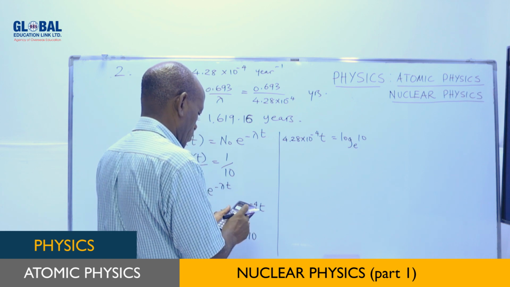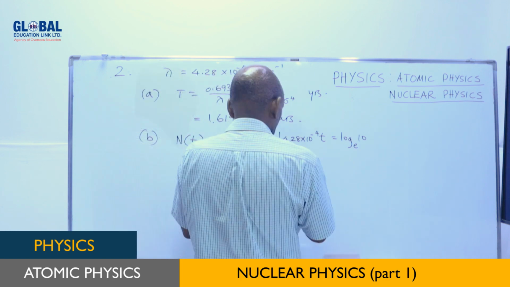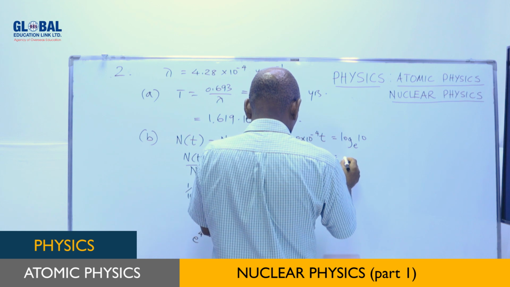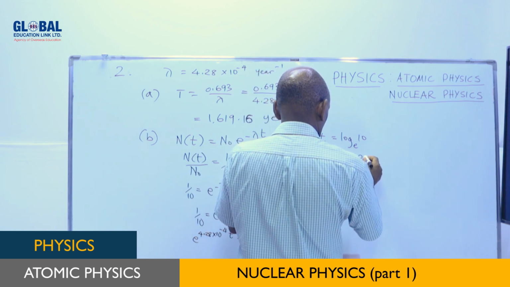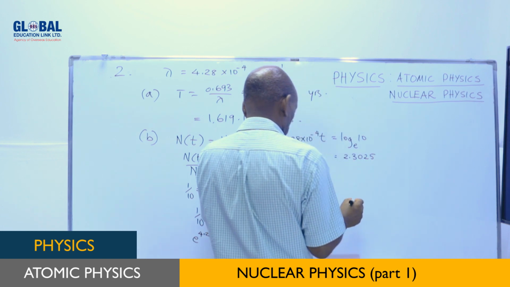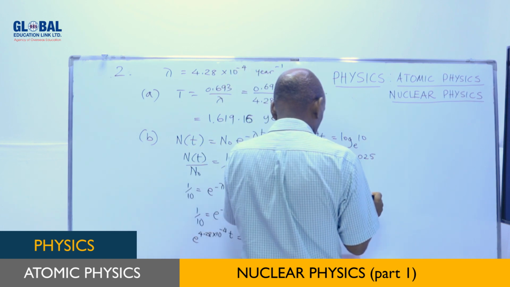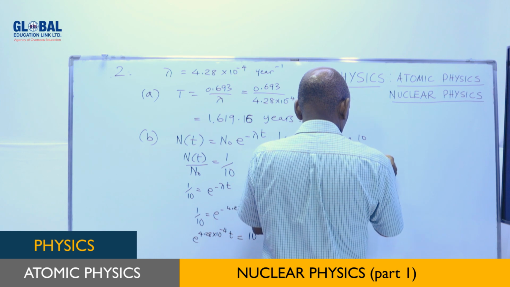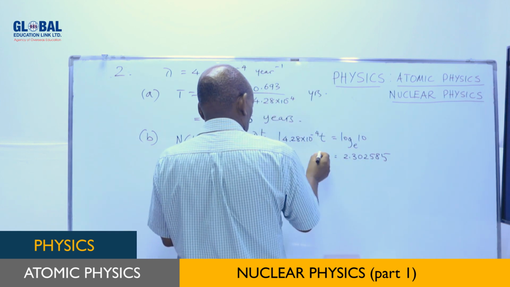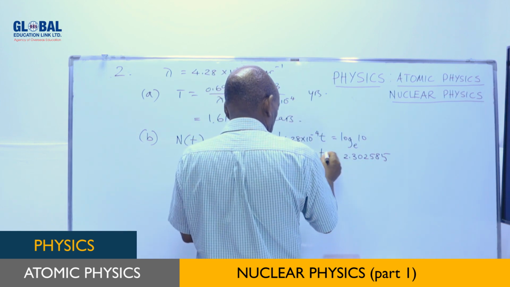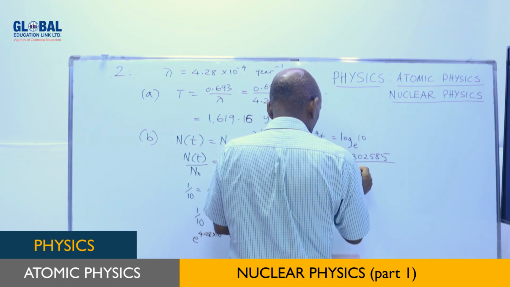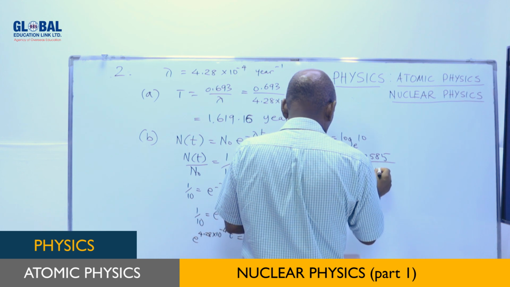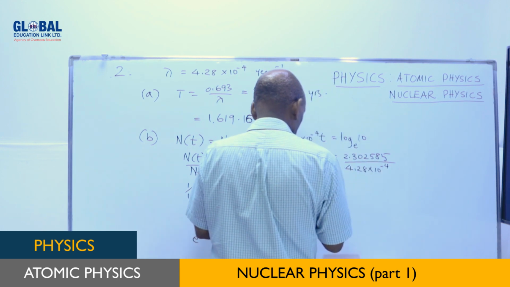And we can solve this. The natural log of 10 will be equal to 2.302585. So the time t will be equal to this divided by 4.28 times 10 power negative 4.